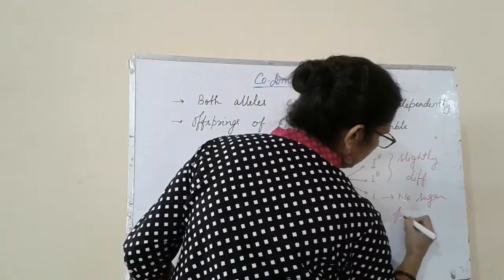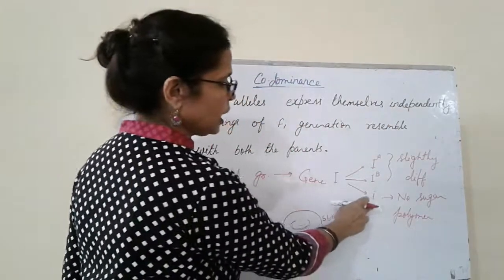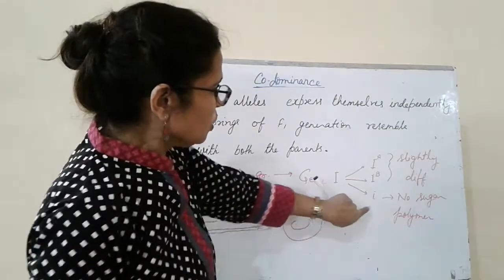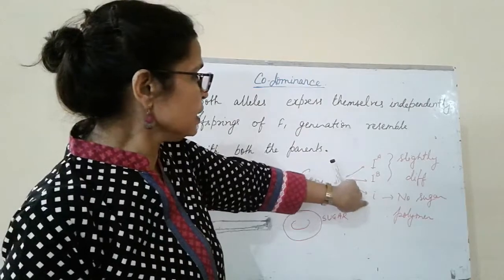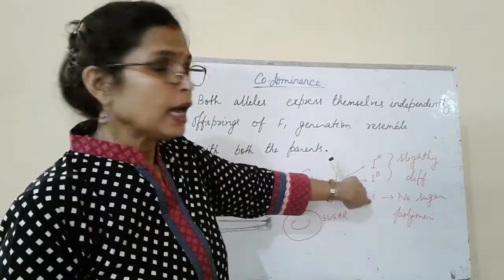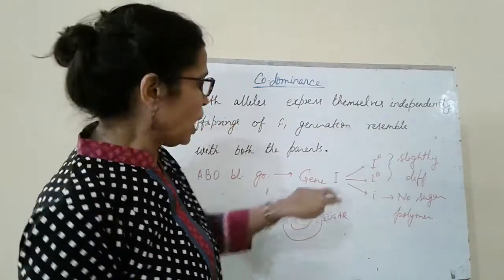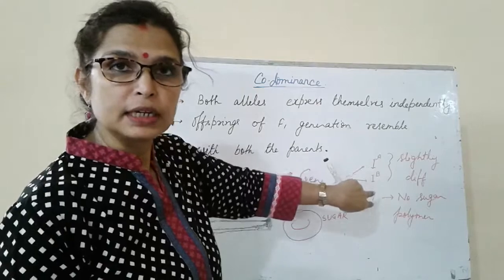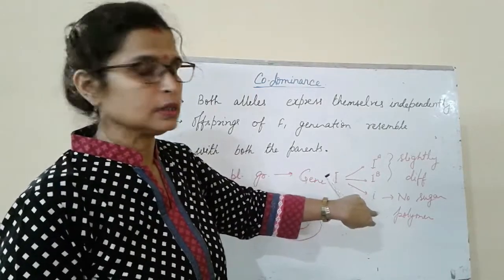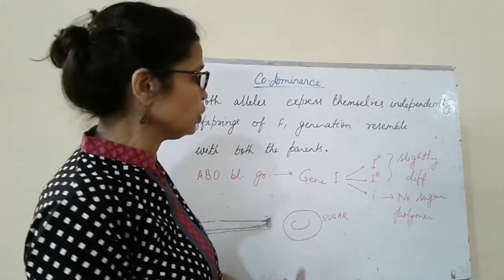No sugar polymer is found in the small i allele. So from these 3 alleles, 6 different combinations can be formed. And as human being is a diploid organism, out of these 3, 2 alleles are present in each and every person. So let's see the combinations of alleles in human being.